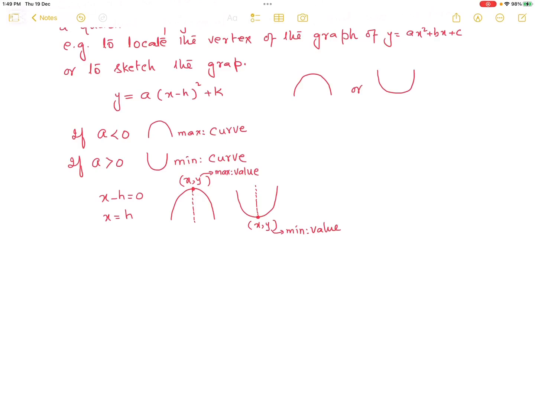Alright, if I equate y equals k, if you look at the general form of this squared form, the k represents the y value on the maximum curve or at the minimum curve.